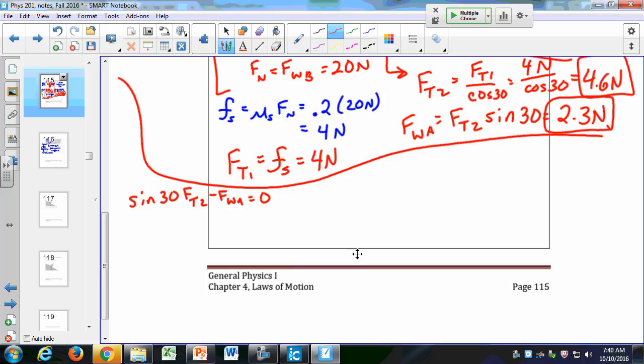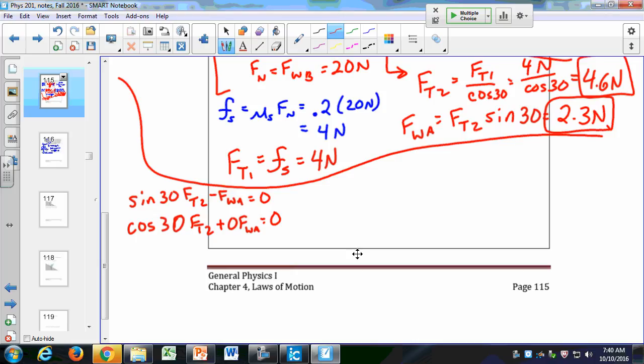And then I'm also going to say the cosine of 30 FT2 plus 0 FWA equals 0.